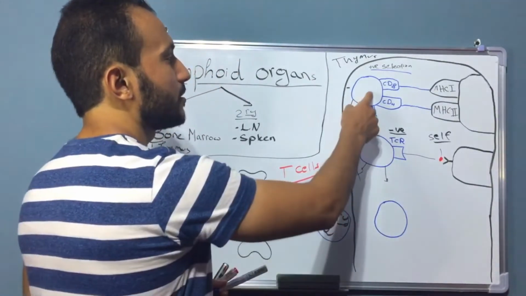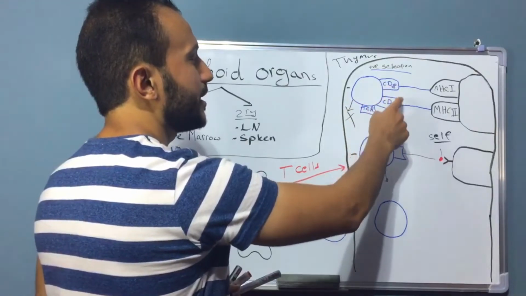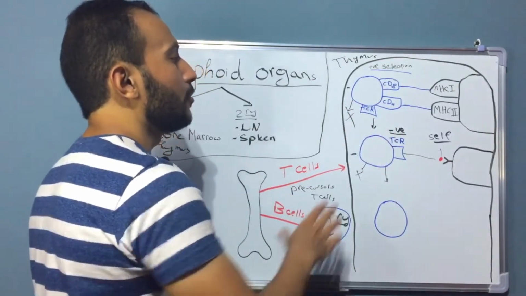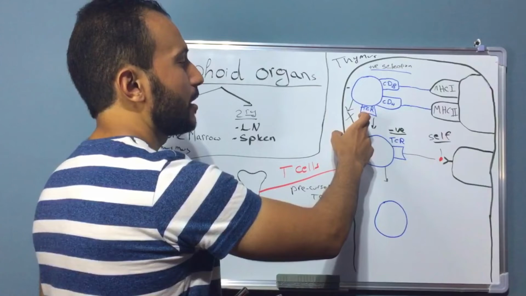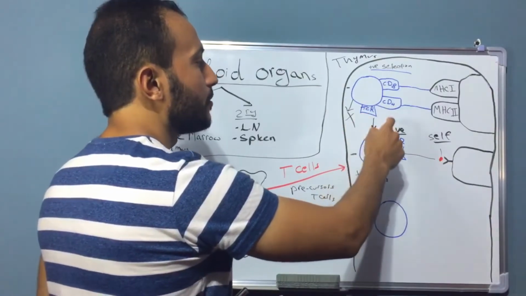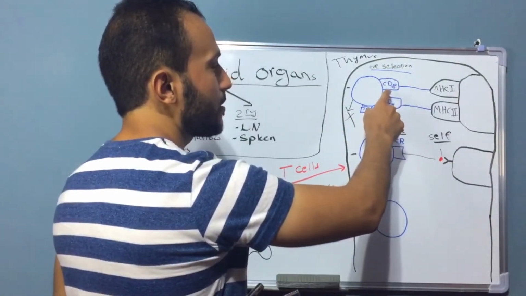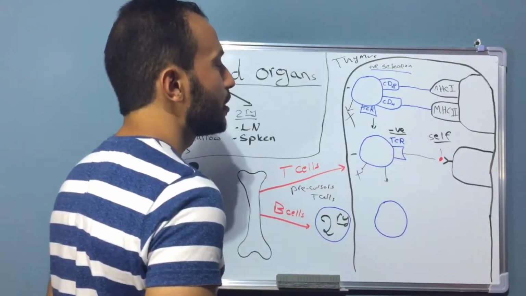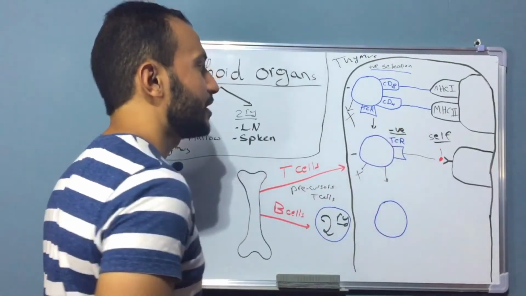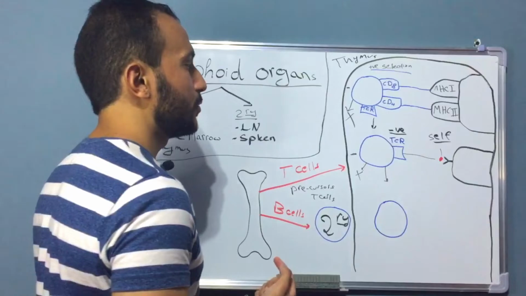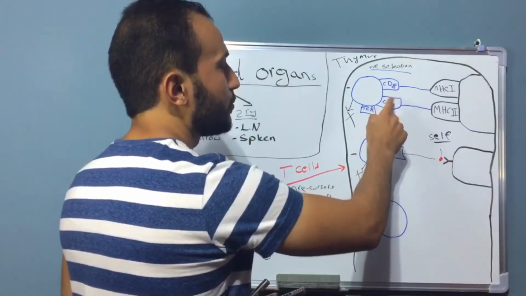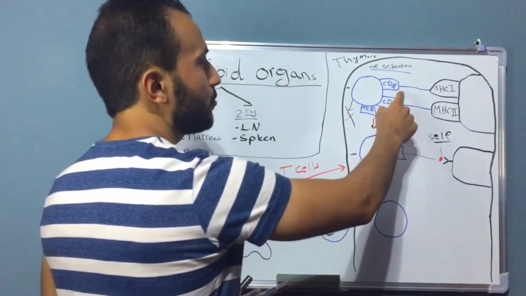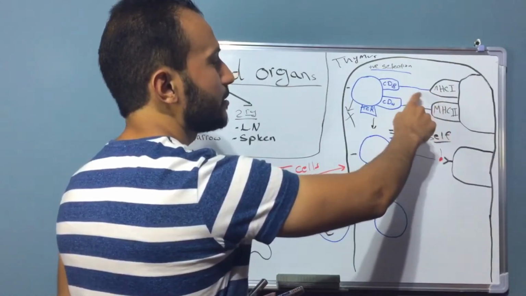Remember here we said that the T cell carries CD8, CD4, TCR. Every T cell shall have TCR, T cell receptor, but it can't carry both CD8 and CD4, as they are cluster differentiation. It must carry only one, CD8 or CD4, depending on which MHC class it cross-links to.